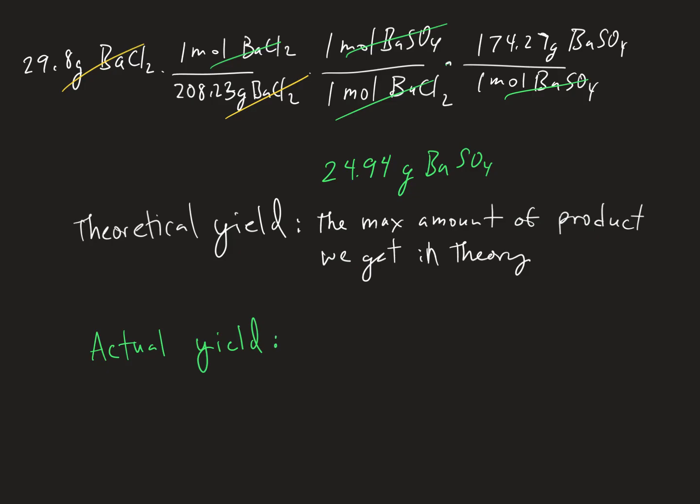Actual yield is the amount of product that we actually get. We good with those terms?